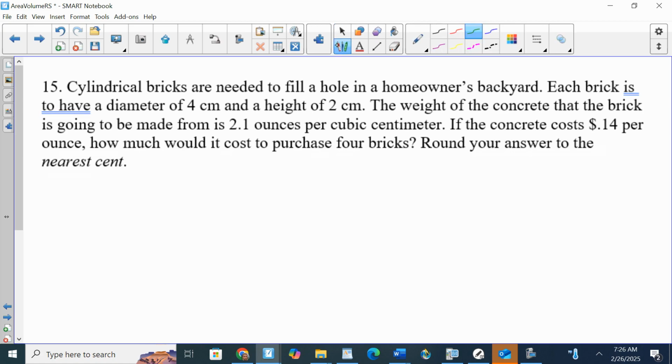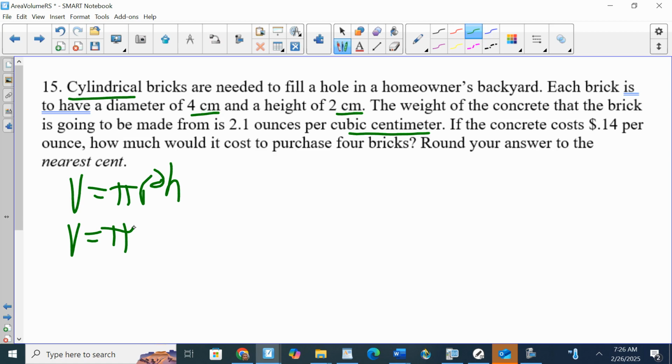All right, this moves into our modeling. The first thing you need to do is check your units. Centimeters, cubic centimeters, I'm good. If I'm not, I'll have to convert first. In this case, I don't have to. I start by finding the volume. It's a cylinder, so I go pi r squared h. The diameter is 4, so the radius is 2.